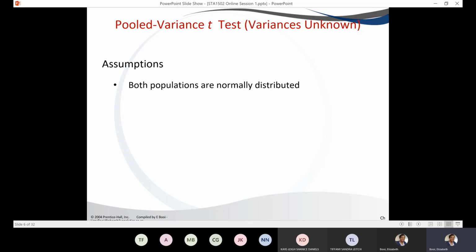One of the assumptions is that the population should be normally distributed. In the question, they will state that the two populations are normally distributed with a mean of this and a standard deviation of that. So they should mention that they are normally distributed.